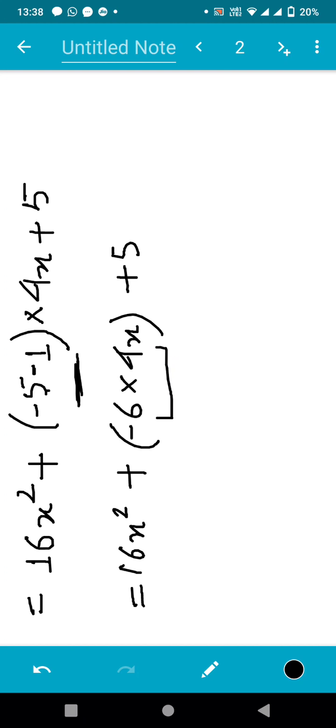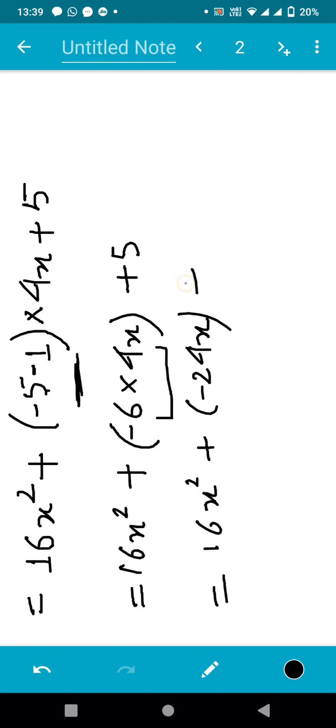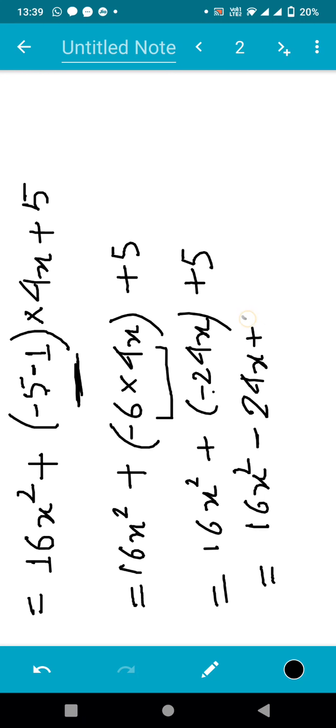Minus 6 into 4 is minus 24, so minus 24x plus 5. Your final desired answer would be 16x square minus 24x plus 5. So this is the required answer of sum number 3.